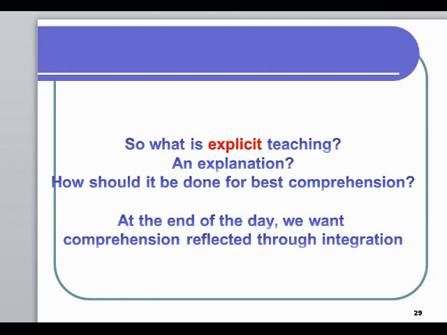So what happens is we need to engage students in a form of learning where what we call explicit teaching is to actually create understandings in students that are explicit to them.